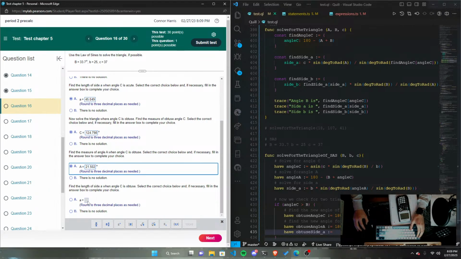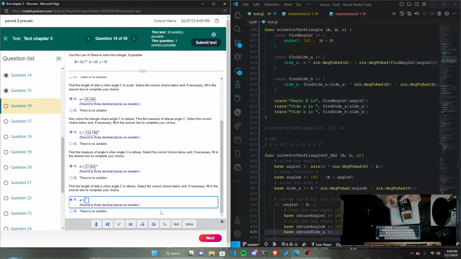Cool. And then we would just solve for the sine of A using our new values. So we have sine of A, which our new A is 21.502. B would stay the same because that's given.